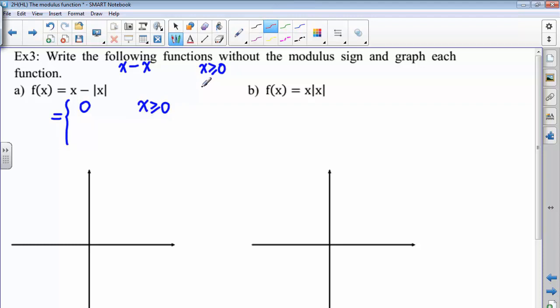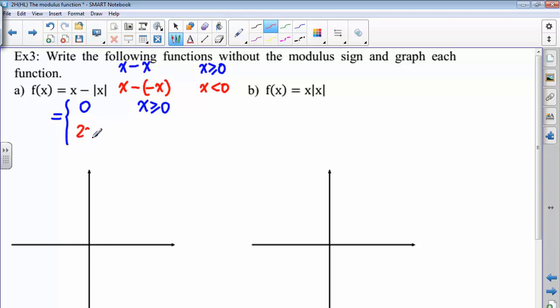The second piece is x is less than 0. When x is less than 0, when you want to remove these two vertical lines, you need to put a negative sign for x. So it's x minus negative x. Simplify this red one.